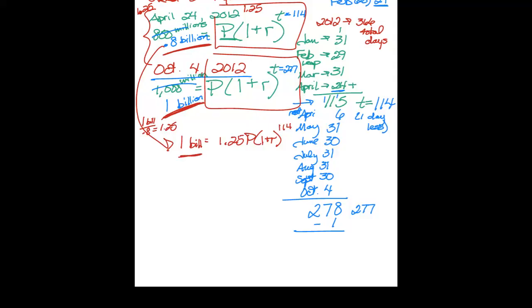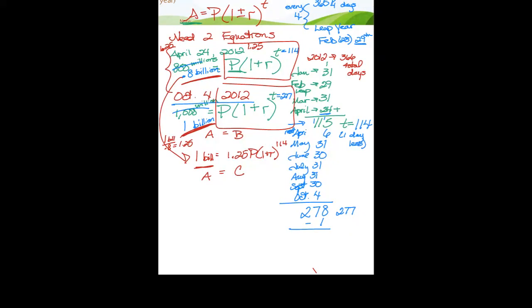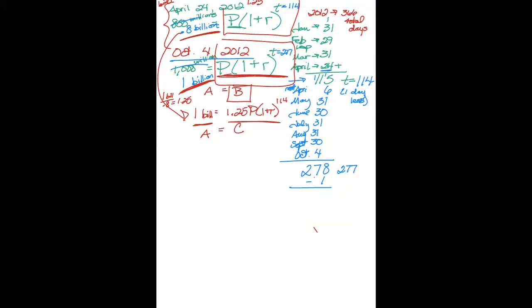And this equals 1 billion. It's like saying A is equal to B and A is equal to C. This now means I can put B, this amount, equal to this.